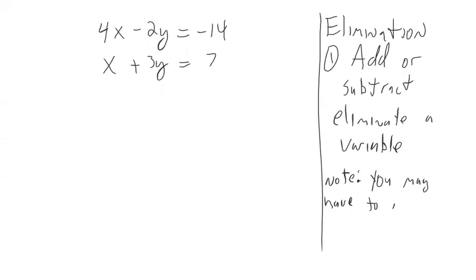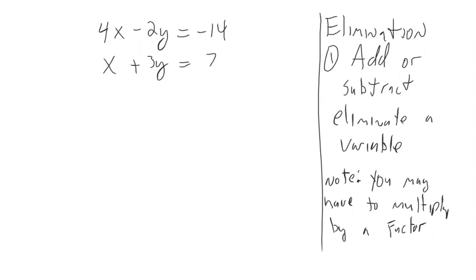I would have said multiply by a factor. And in this case, I do have to do that. All right, because I can't just add these, right? If I add them, I get 5x plus y equals negative 7, and I didn't solve for anything, right? Because you have to eliminate a variable.